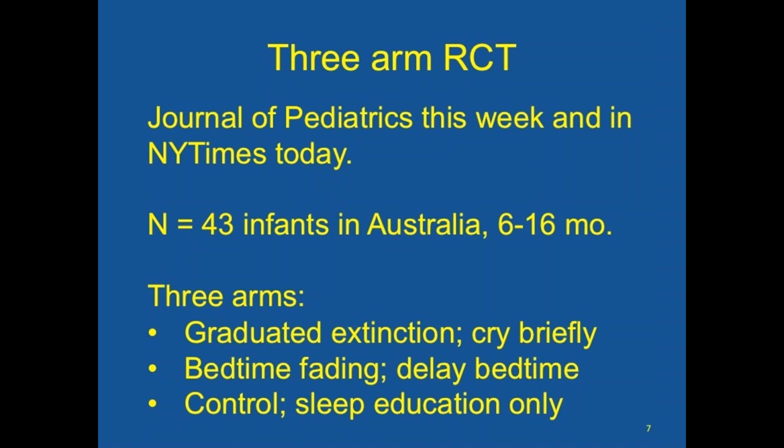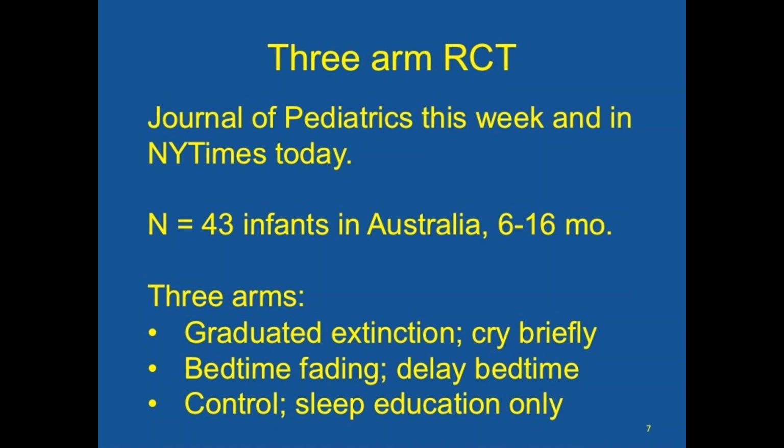It was a graduated extinction arm, which lets children cry for predetermined brief segments of time. There's bedtime fading, which delays bedtime in 15-minute increments until the kids are just exhausted enough to fall asleep.